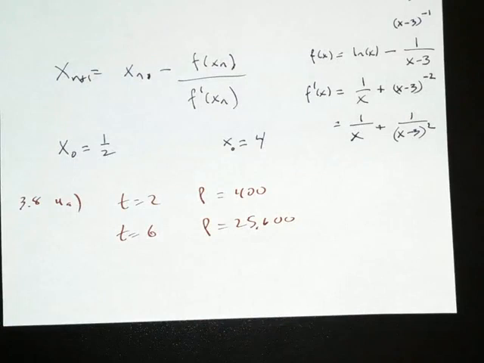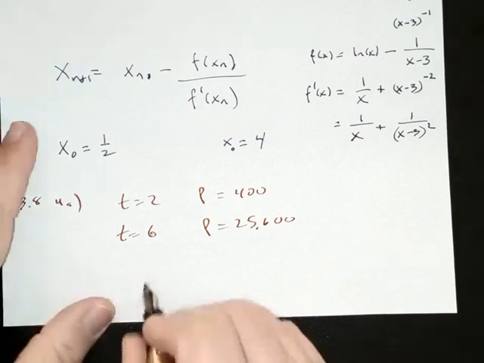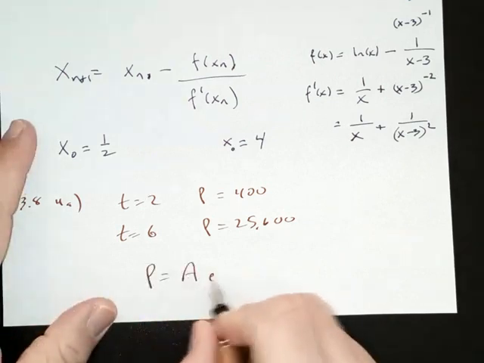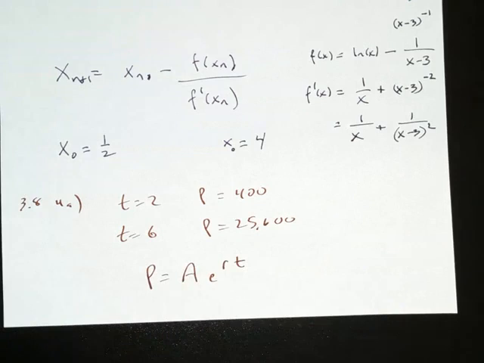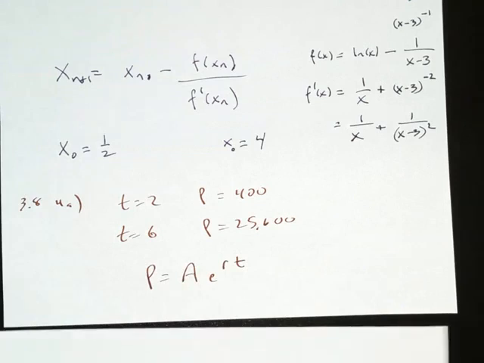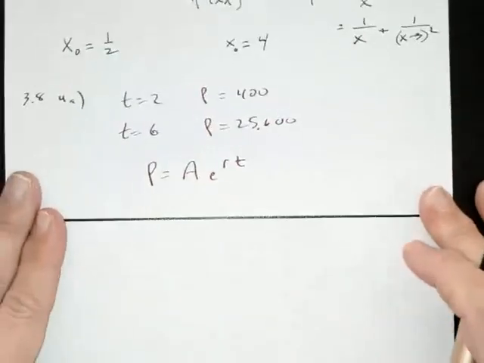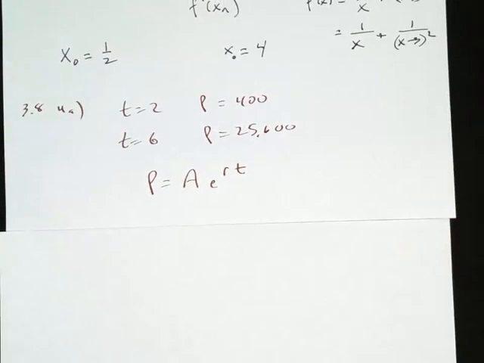Okay, I know for a fact, because this is our growth model setup, that I'm going to use the equation that looks like this. Problem is, I don't know A, I don't know R. And 4A is asking me for R, relative growth rate. Now, since this is growing, I expect a number larger than 1. Positive growth rates, positive numbers.